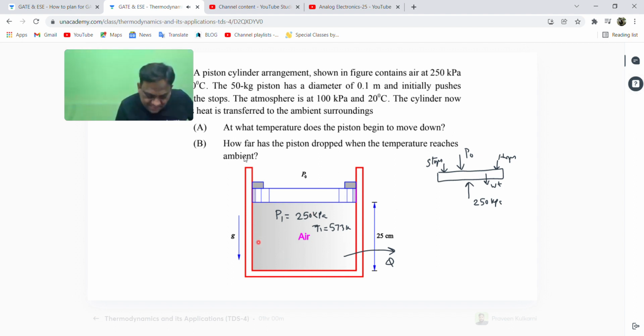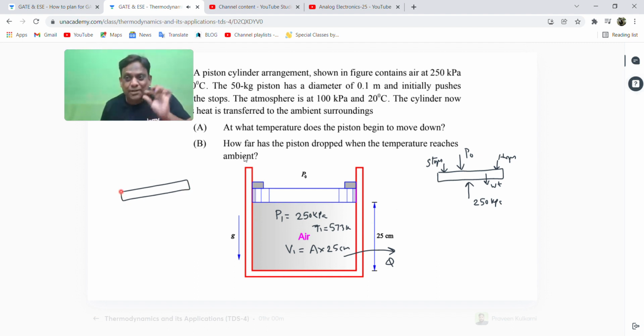One is this situation, initial volume. What is initial volume? This piston area into length. How much is this length? 25, of course centimeter. Now, look carefully, my dear students. When it is about to lose the contact, अब ये stops पे नहीं आएगा. What will be the pressure now?